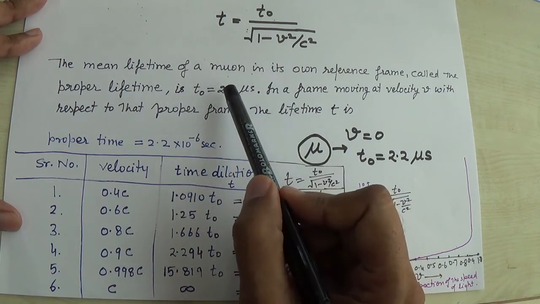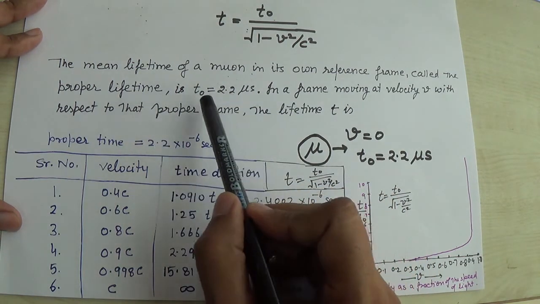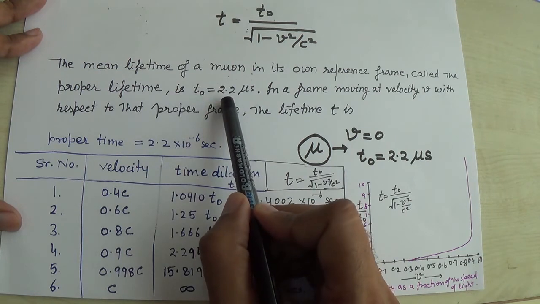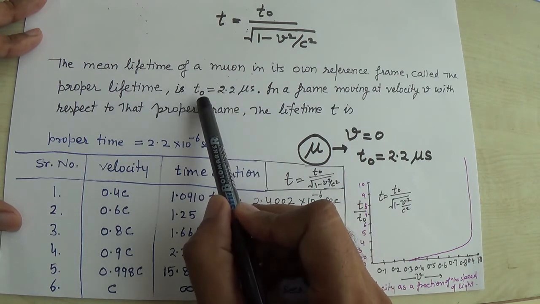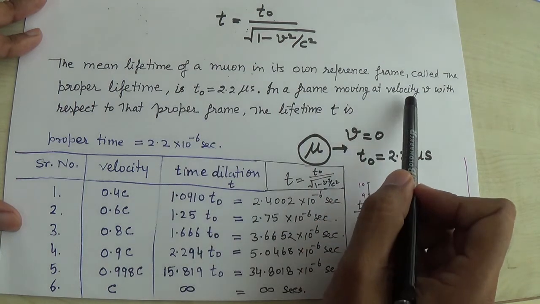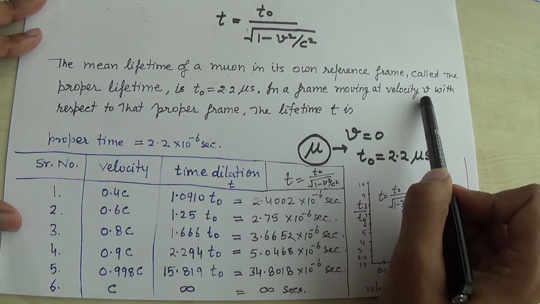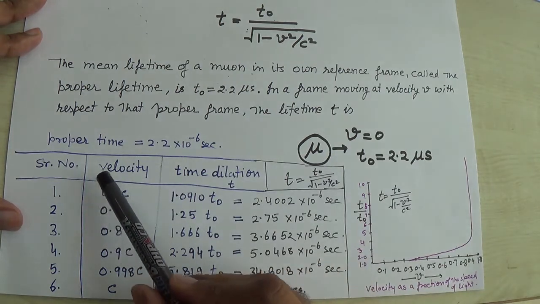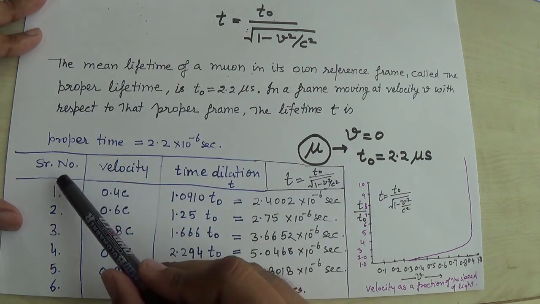The proper lifetime of the muon is 2.2 microseconds, that is t naught. I have to calculate t by using different velocities.